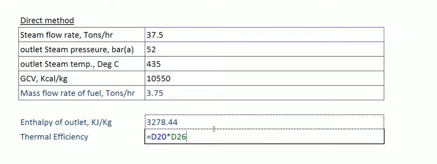The flows are both in ton, so no problem. Divided by the input, the fuel oil, which is in ton, so it will get tallied. It is in kilocalorie, so convert into kilojoule by multiplying by 4.184.